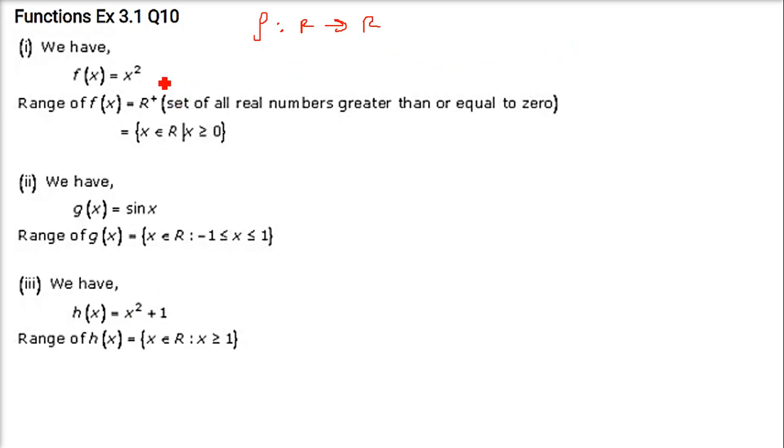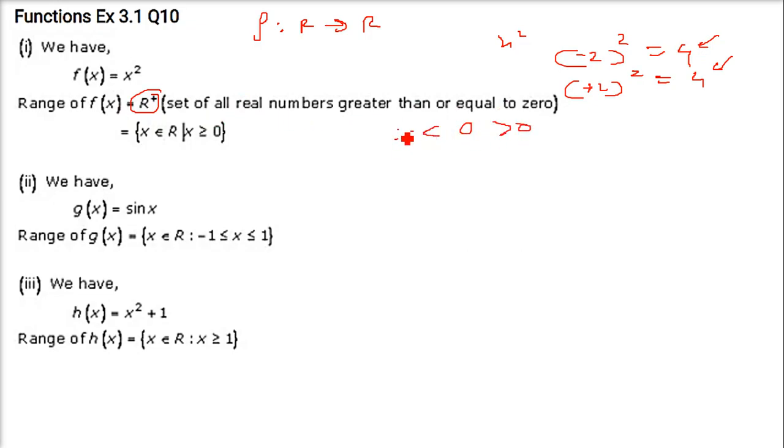Whatever real number you put for x square, say I put minus 2 and I put plus 2, this will become 4, this will come as 4. So every time you put a real number here, it will always be positive. So range will be R plus, that is the set of all real numbers which can be 0 or greater than 0. It can never be less than 0. So you can write y belongs to R and y is always greater than or equal to 0.